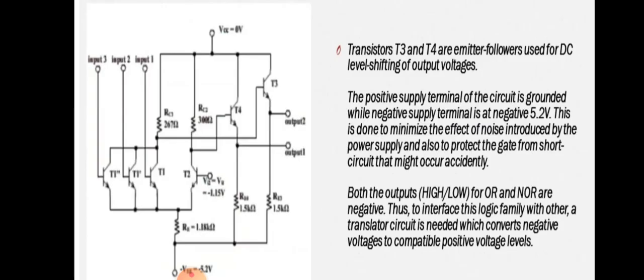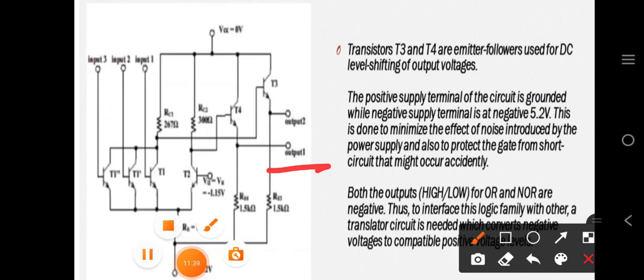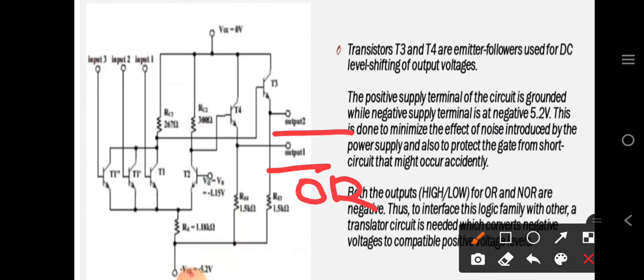So here in this diagram you can see there are two outputs. This is output 1 and this is output 2. Output 1 is for the OR operation and output 2 is for the NOR operation.